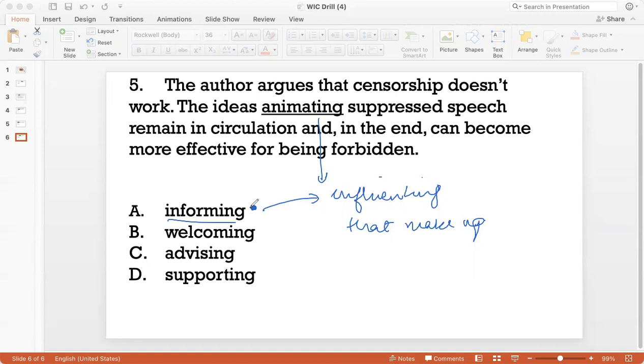I'm saying the ideas that make up that speech. They are essential to the speech. They don't just support it, but they are essential to it. They inform the speech. They pervade the speech. So this is a weak option. It doesn't convey the sense of essential nature of speech being made up by ideas, right? So D and C are out, and welcoming doesn't make sense also. So the best option is option A.